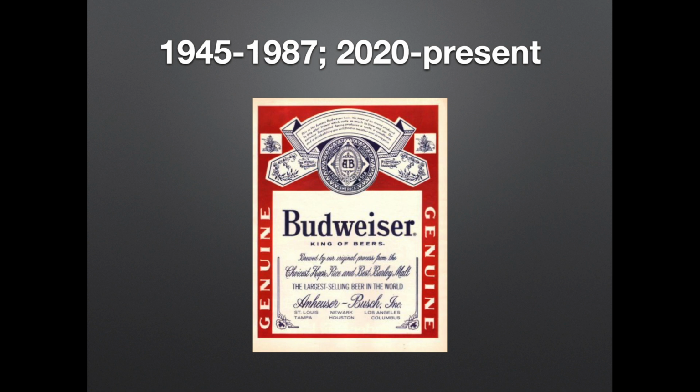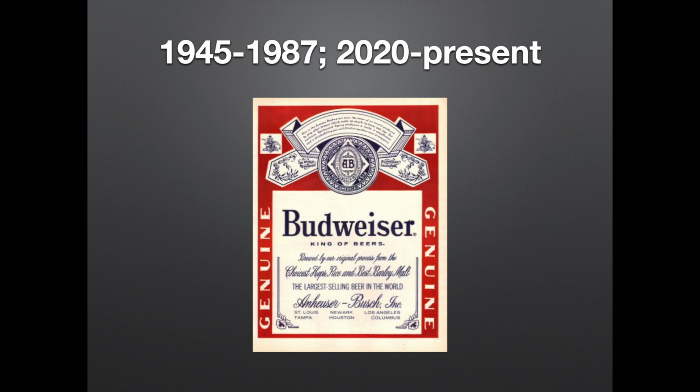1945 to 1987 and 2020 to the present. This reminds me of the older logos. Thankfully, it's not pixelated this time, but with the banner, I don't think I can read the top text very well. I see the words "the world renowned" on it as well.